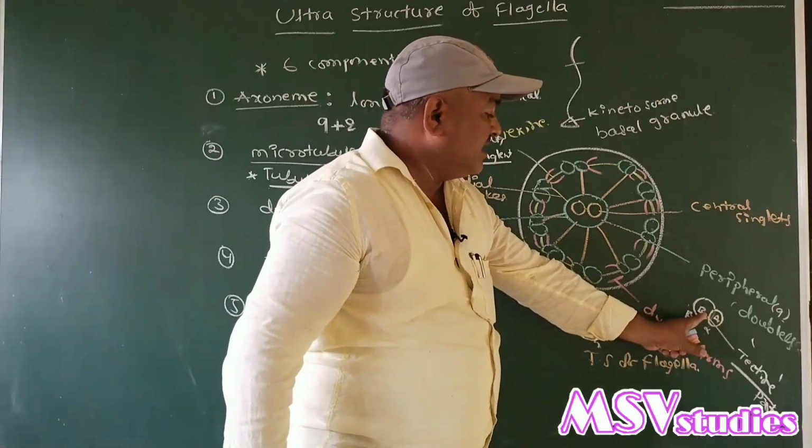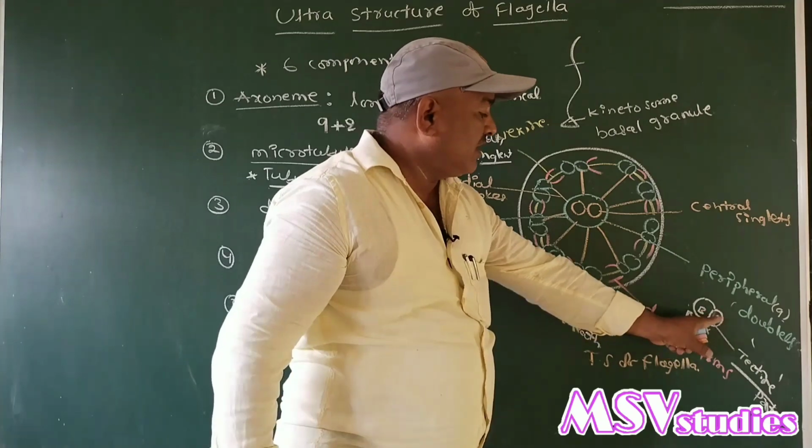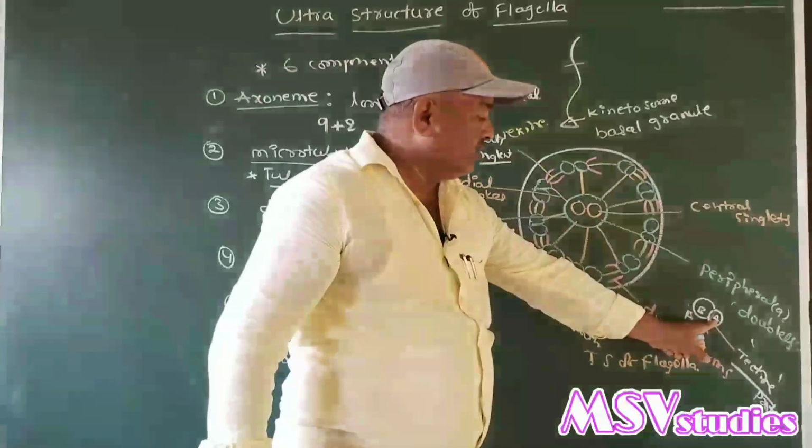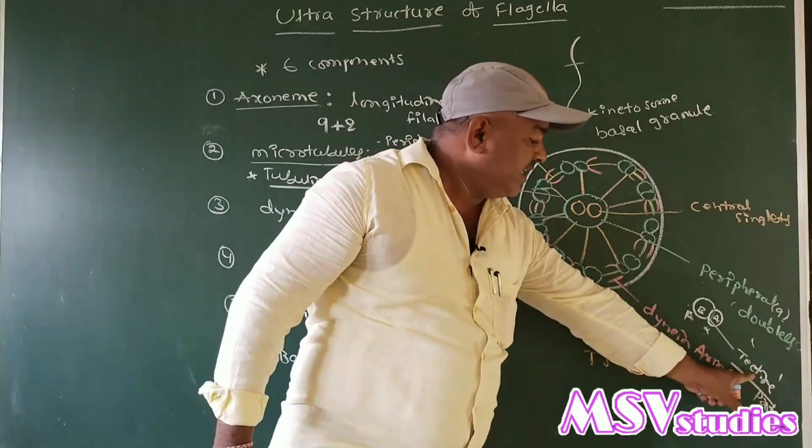So the B microtubule overlaps the A microtubule, and they are connected by the tectin protein.